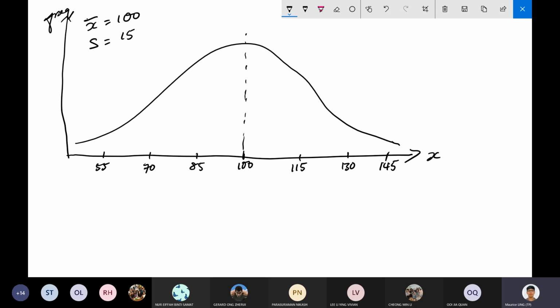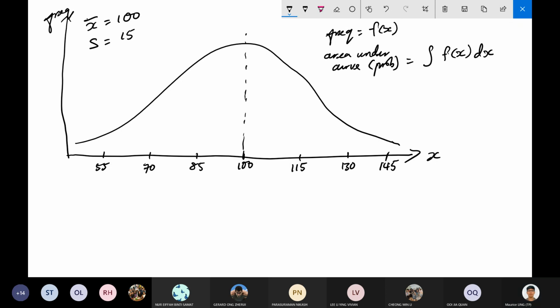Now what happens is we want to calculate area under a curve for normal distribution, assuming that this is your frequency, and then you have a function. I keep repeating this. To find the area under a curve, which is then the probability, you integrate the function, the curve itself.